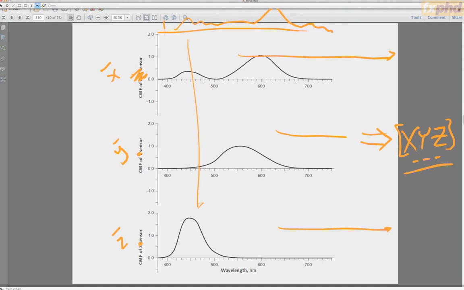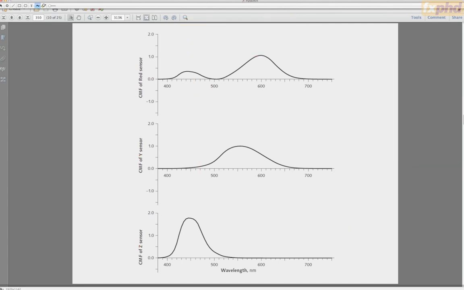How do we display it? Or more specifically, how do we produce a display that is directly driven by the big X, big Y, big Z signals? What spectral power distributions do we need in that display?